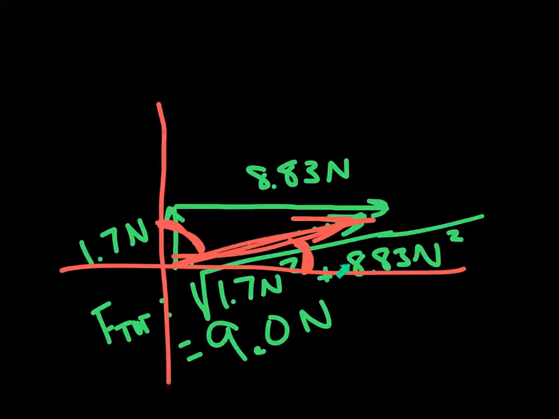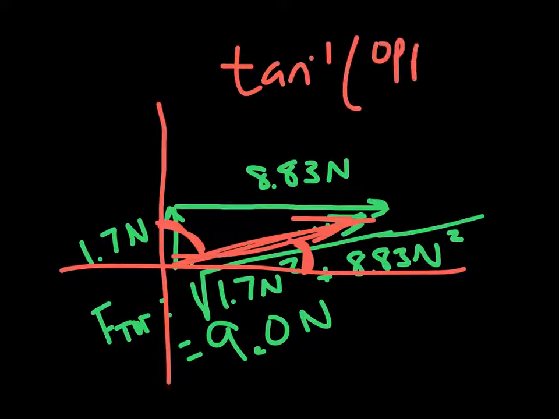I'm going to solve this angle here. It's just traditionally what I do. I don't care if you solve for this angle here. So we have tangent inverse of opposite over adjacent.